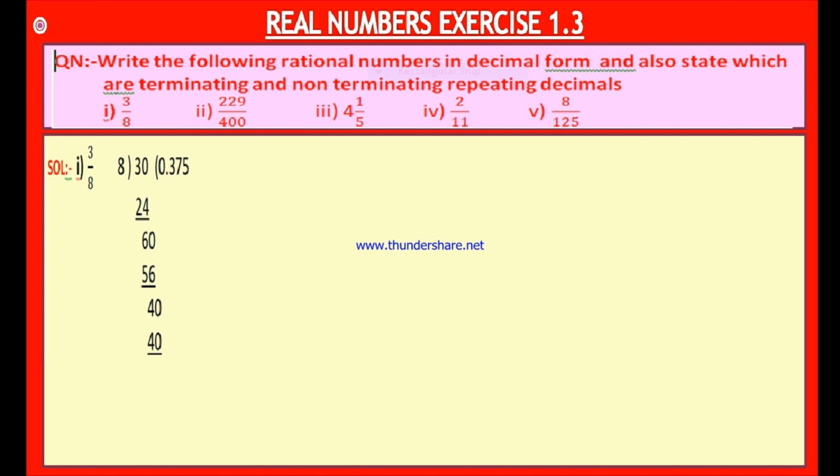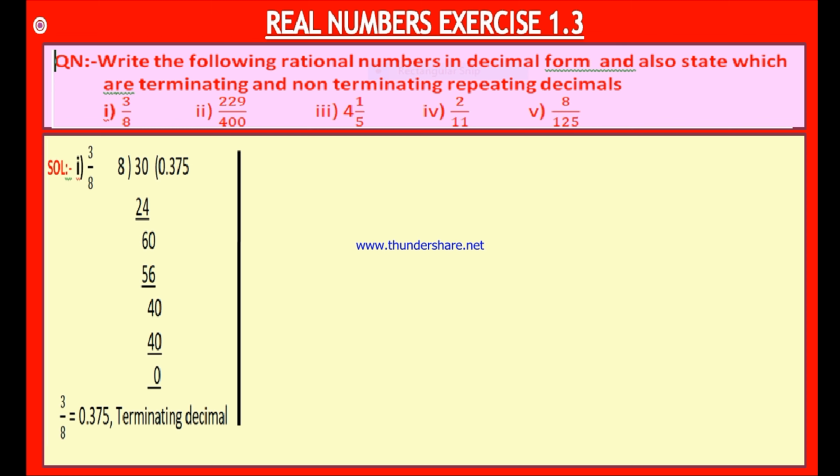In 40, 8 goes 5 times, 8 5s are 40 and the remainder is 0. Therefore, 3 by 8 is 0.375. We know that 0.375 is a terminating decimal.